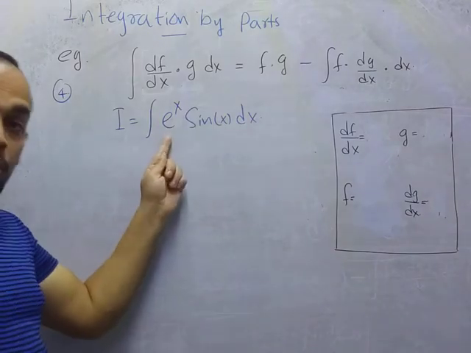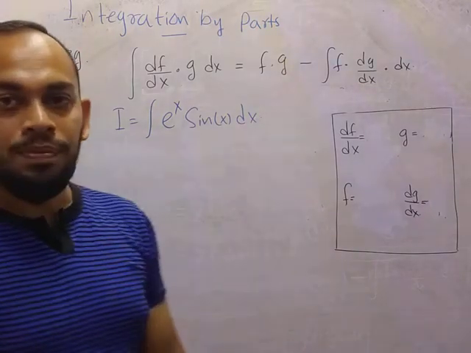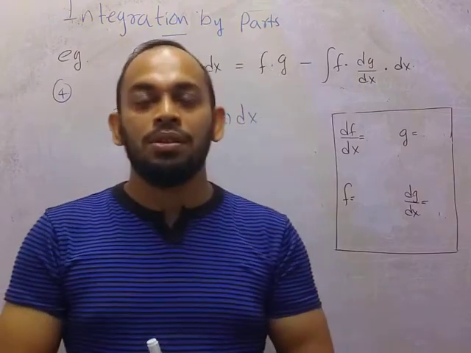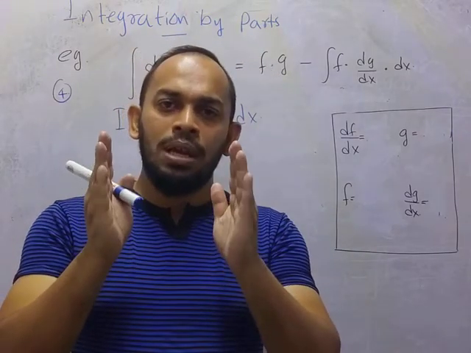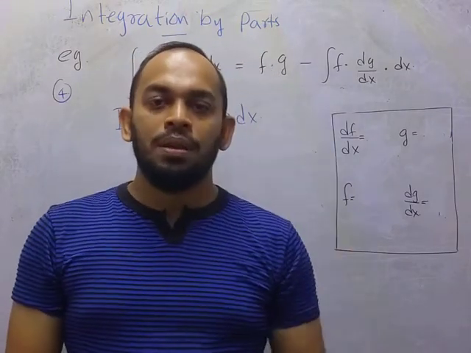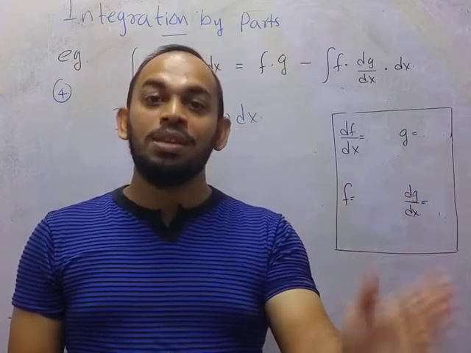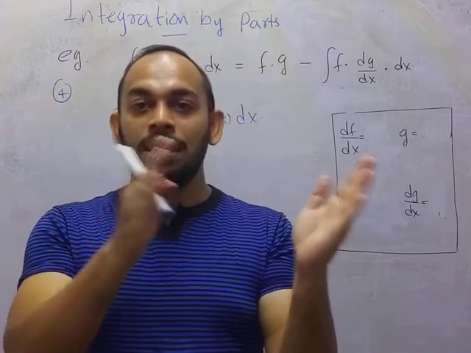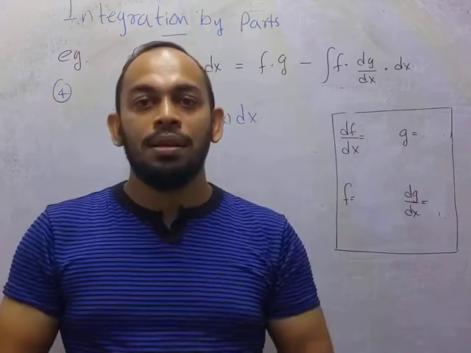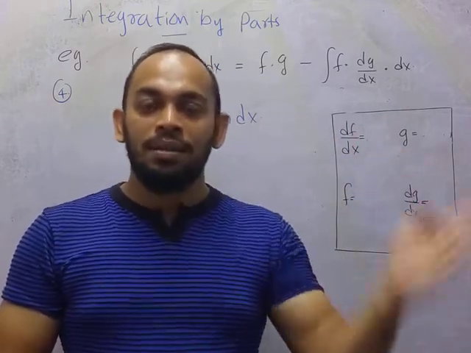Product between an exponential and trigonometric function. Now we know when you differentiate exponential, you get exponential. When you differentiate sine, you get cosine. When you differentiate cosine, you get sine. So that is oscillating. Exponential goes to the same thing.